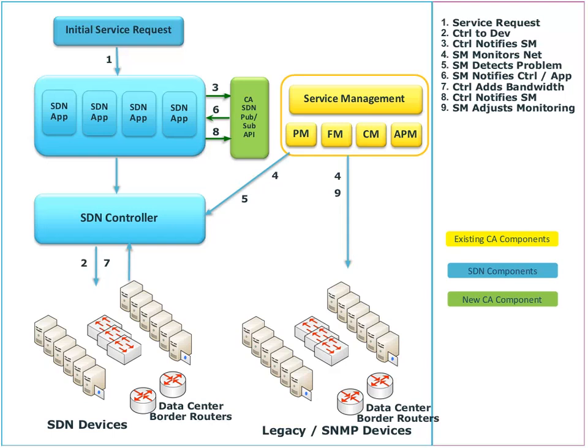And line 4 is where you see the portfolio of products begin to manage the controller as well as the SDN resources, as well as certainly managing the traditional legacy resources. And what we'll see during that process is, let's say, performance management takes on, it's going to start monitoring the network and collecting data.